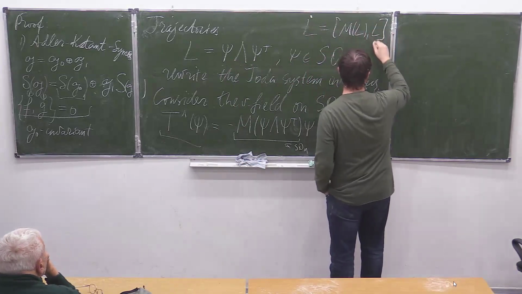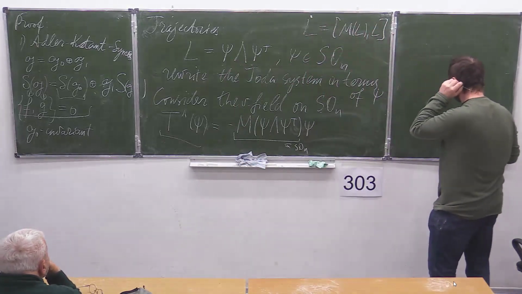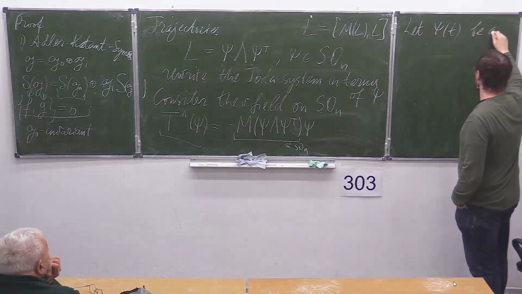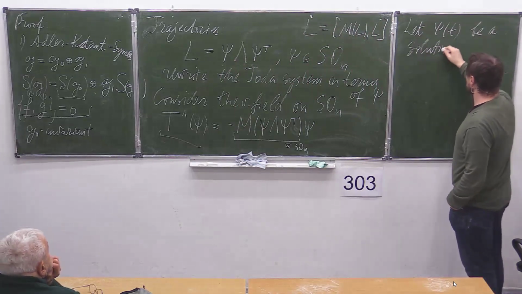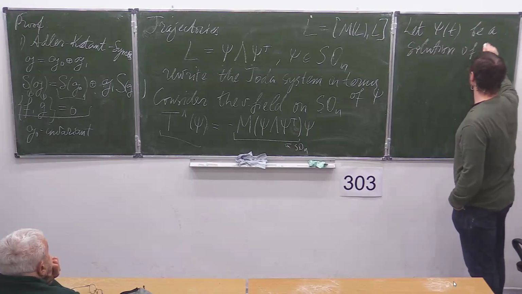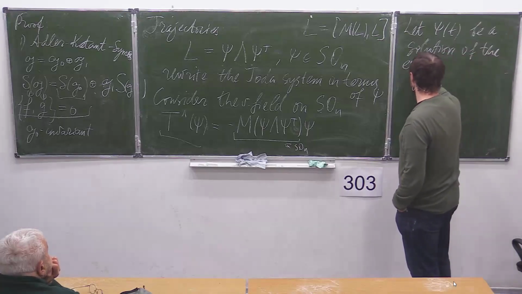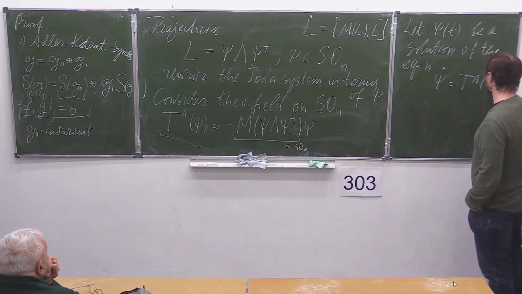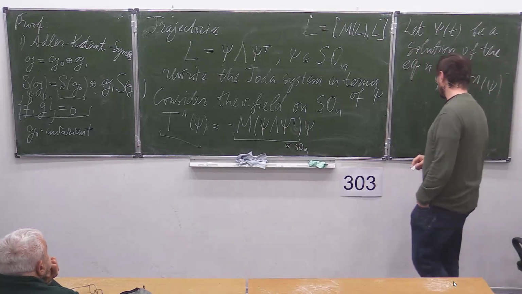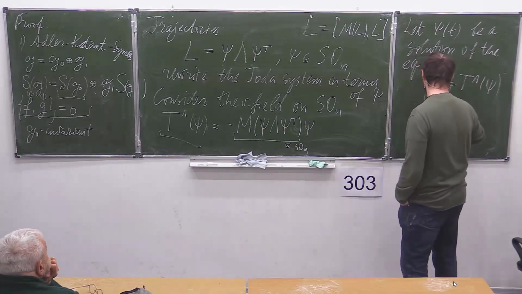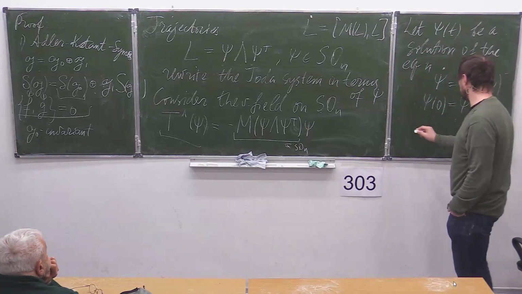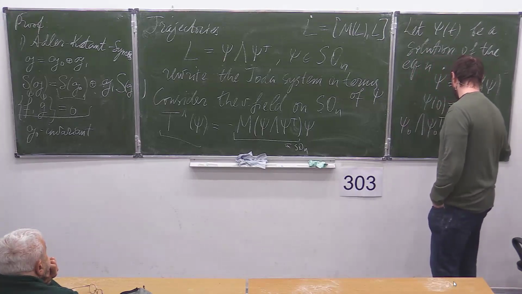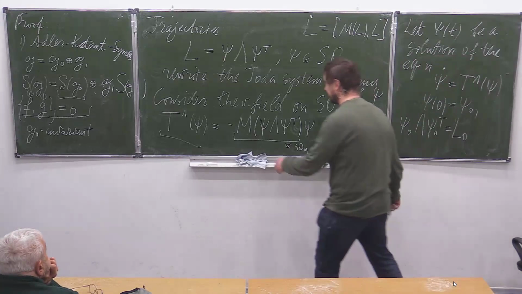So here's what we do. Let psi of t be a solution of the equation psi dot equal to T lambda psi, such that psi of 0 is equal to psi 0, such that psi 0 lambda psi 0 transposed is equal to L0, some symmetric matrix.